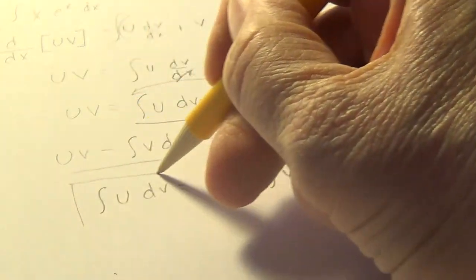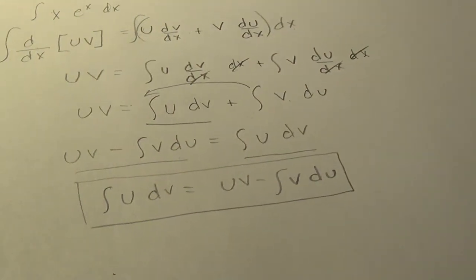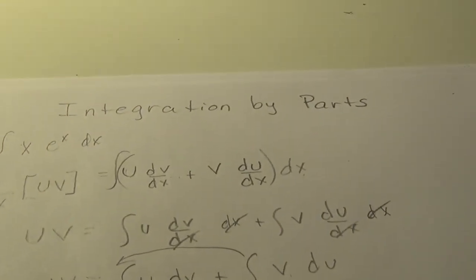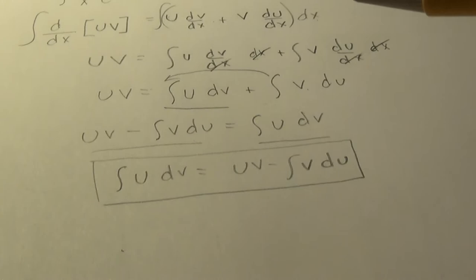That is the rule for integration by parts. It all started with the product rule, and it ended up with this. I'm going to use it to integrate that very first one I pointed you to, because we've been wondering how to integrate such a thing.